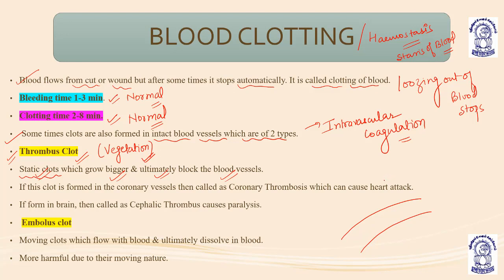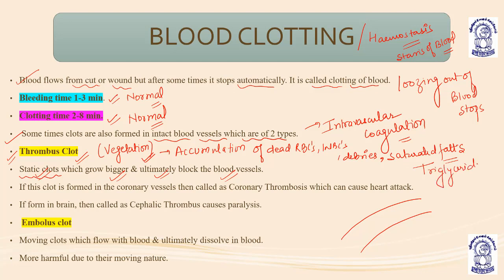Vegetation is the accumulation of dead RBCs, WBCs, along with debris and saturated fats, triglycerides. They all keep on depositing on the membrane.